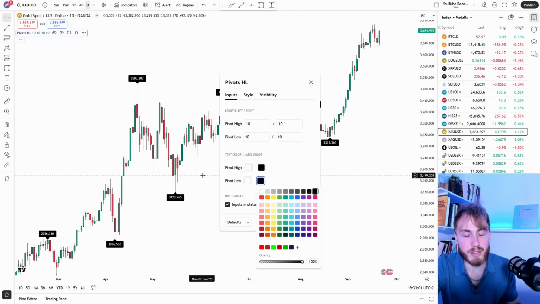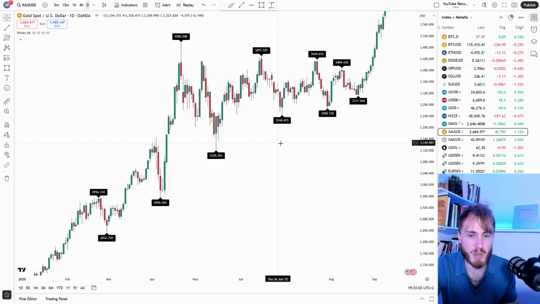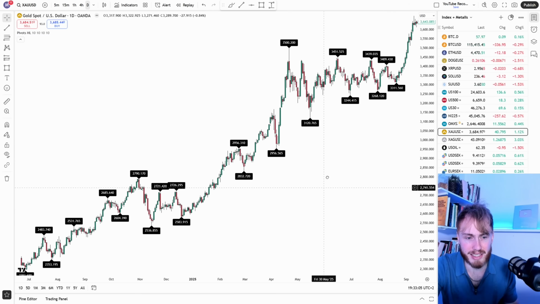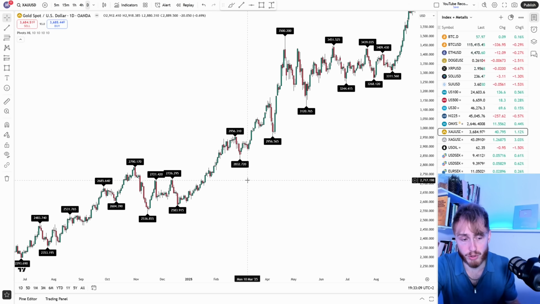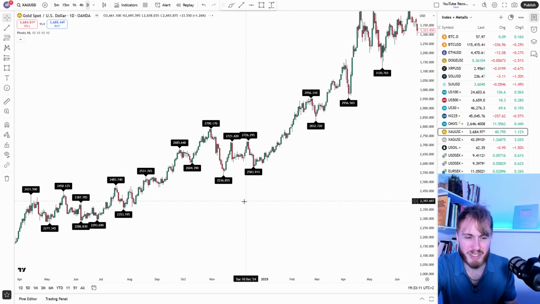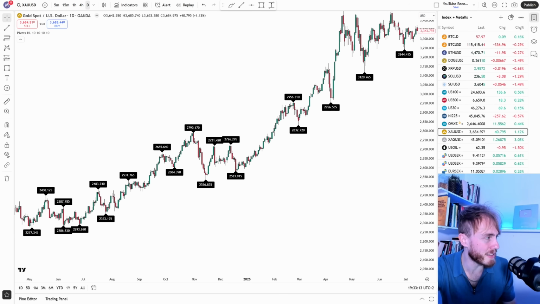But one sort of downside of having the original settings is that, as you can see, we have many solid points on the chart, but many of these will not be that significant. For example, this point right here might not be too significant. This point right here might not be too significant, and so on and so on.